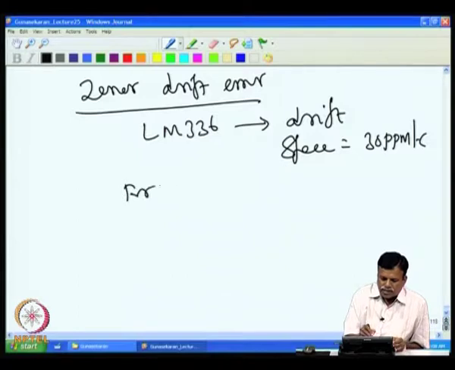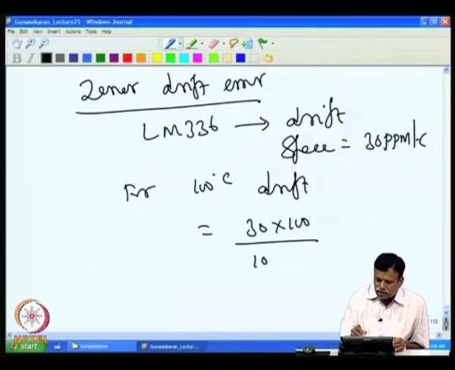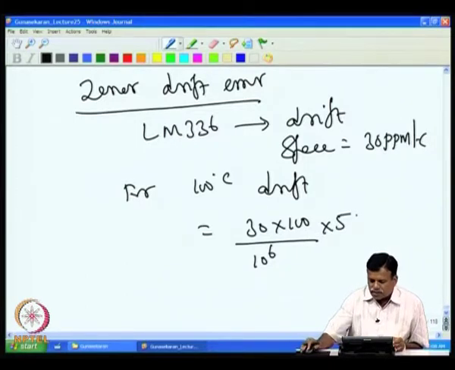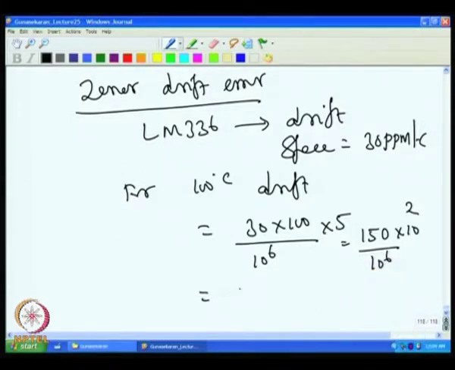So, for 100 degree C, drift would be 30 into 100 divided by 10 power 6 into 5 volt. That actually comes to 150 into 10 power 2 divided by 10 power 6, that turns out to be 150 into 10 power minus 4, that is 15 millivolt.